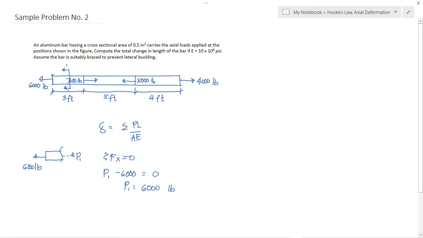Because the section that you are considering is ito. But since the direction of P1 is away from that section, meaning P sub 1 is in tension. Kapag class away, ito yung kinukonsider nyo kasi yung left part. If the direction is away, tension yan. So, inassume natin siya na away, and then by taking summation of forces, positive yung result, therefore, your assumption is correct. So, ang direction niya is to the right, therefore, siya ay in tension.